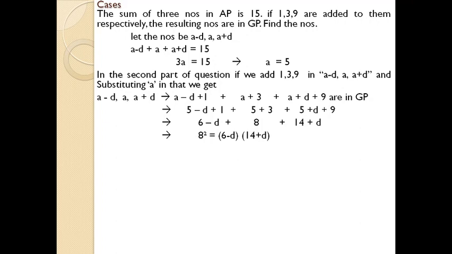I think you are imagining the series 2, 4, 8. The common ratio will be 2. Let's leave that common ratio and just imagine three numbers: 2, 4, 8.